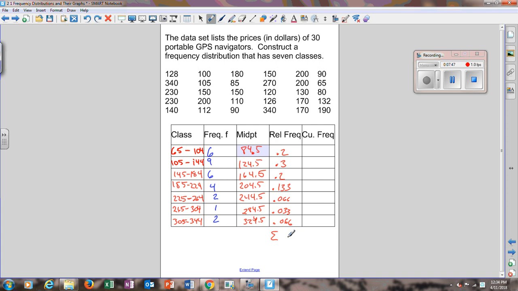We add those all together, we get 0.998, which is pretty close to 1. Only reason we got 0.998 is because we rounded these off.